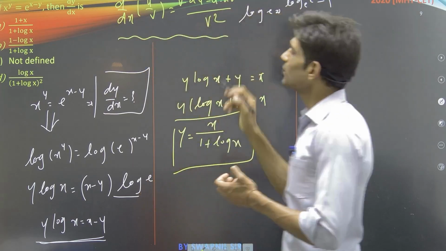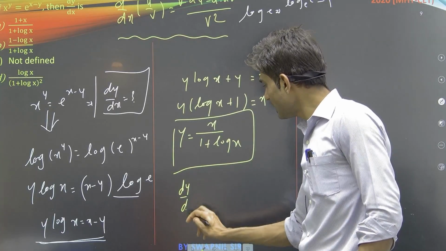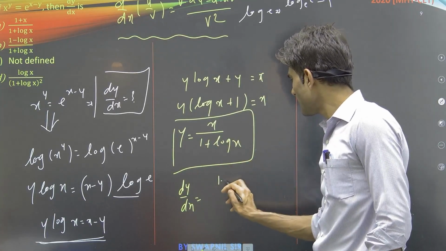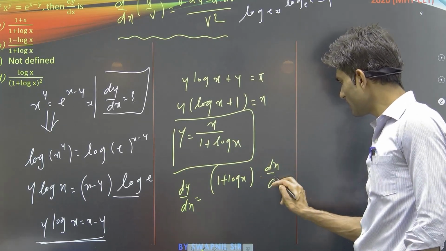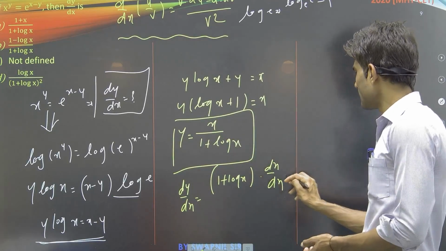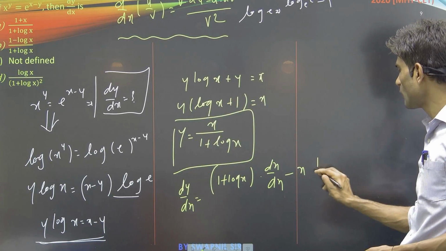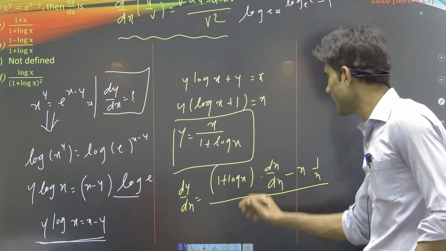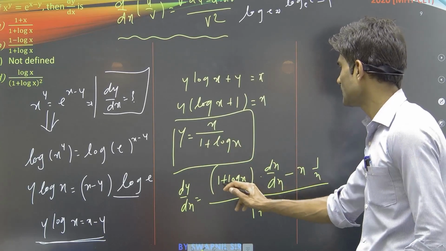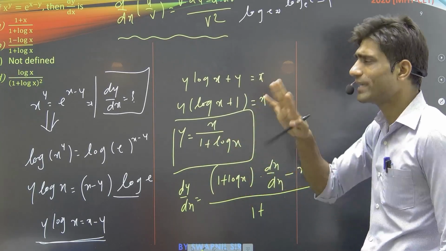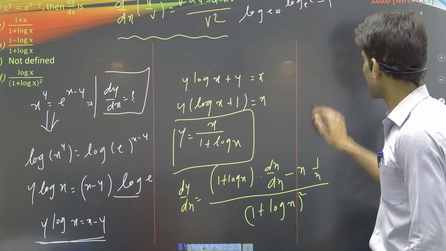So dy by dx is (1 plus log x) into derivative of x, which is 1, minus x into derivative of 1 plus log x, which is 1 upon x, upon (1 plus log x) whole square. Next step we write here.